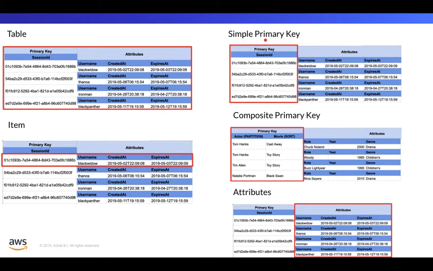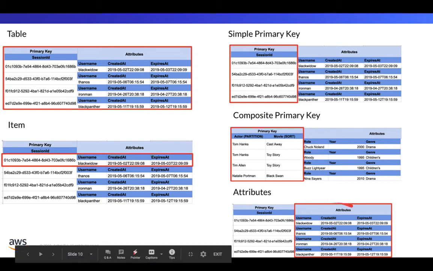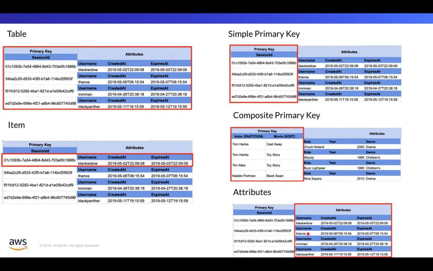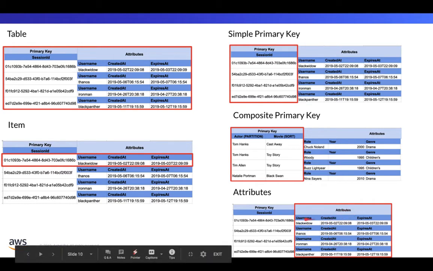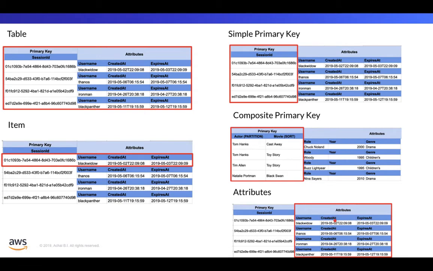A simple primary key would have just the partition key, it wouldn't have a sort key. A composite primary key would have both partition key and sort key, and attributes are the ones which are part of the items. These are optional. Anything can go inside these attributes columns.